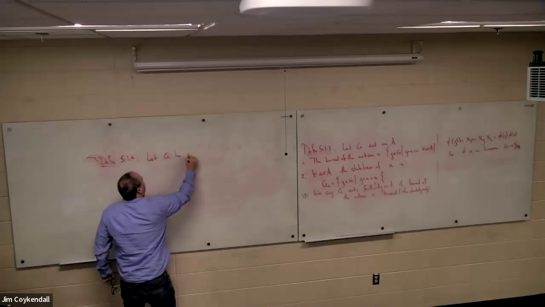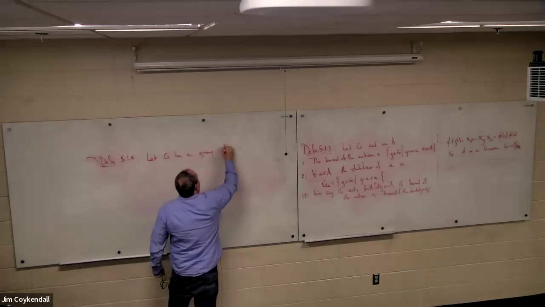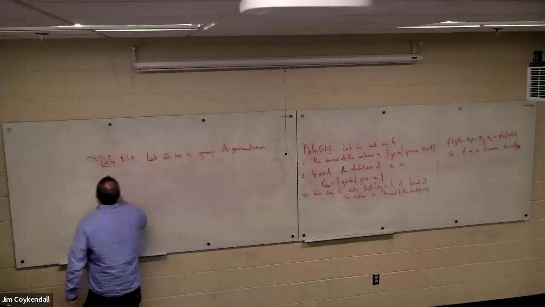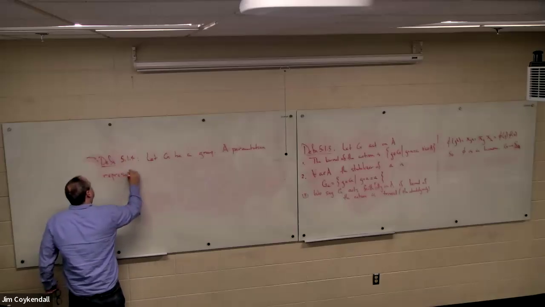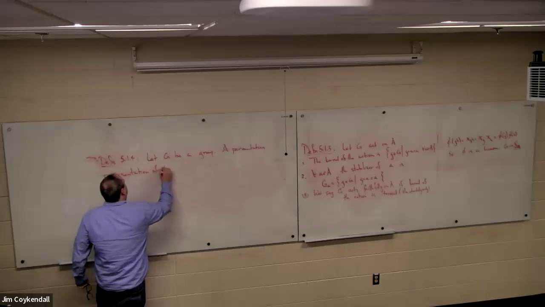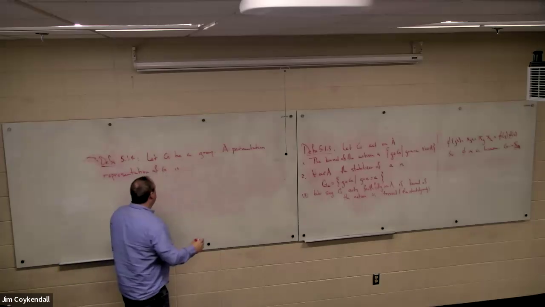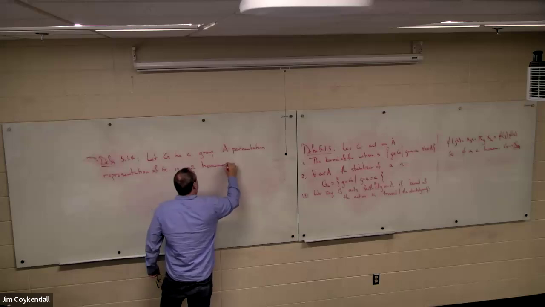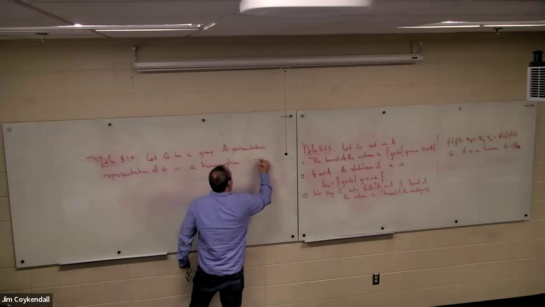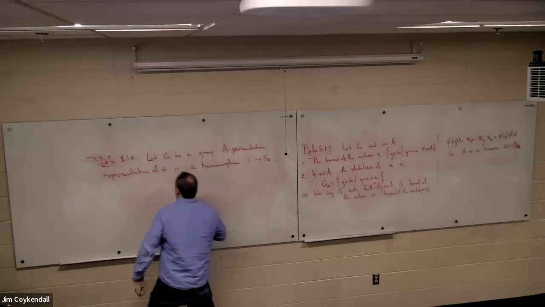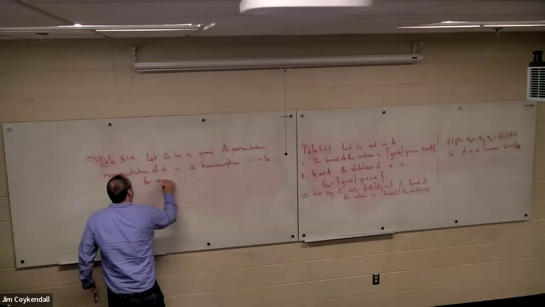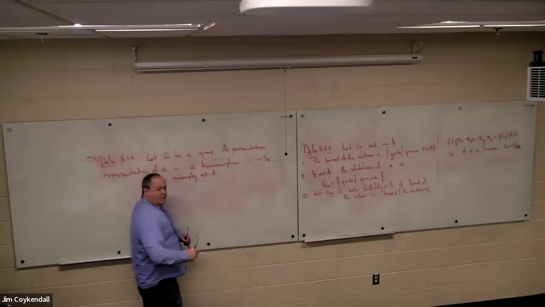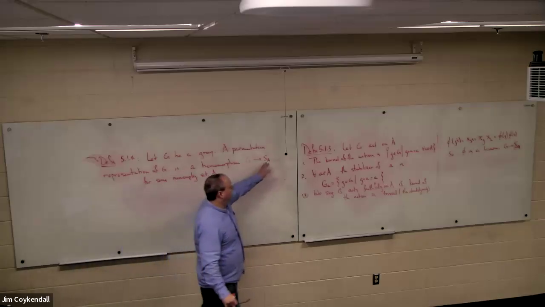Let G be a group. A permutation representation of G is, there's not too much to this, a homomorphism from G into SA for some set A. So a permutation representation of a group is just a homomorphism from G into SA.